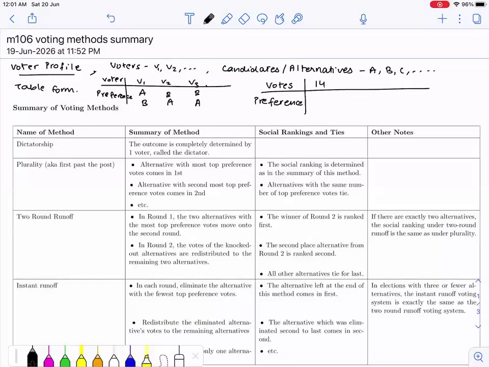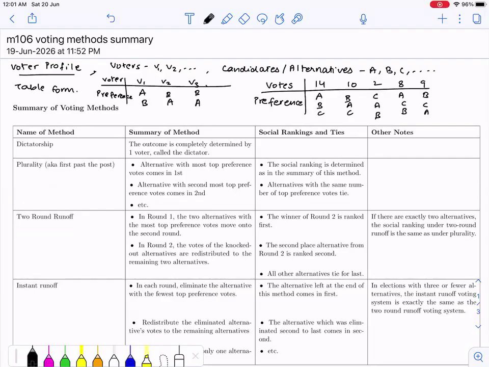So let's say you have something like this, and you have three alternatives A, B, and C. This table just means that you have three candidates, and you have a total of 14 plus 10 plus 2 plus 8 plus 9 voters.